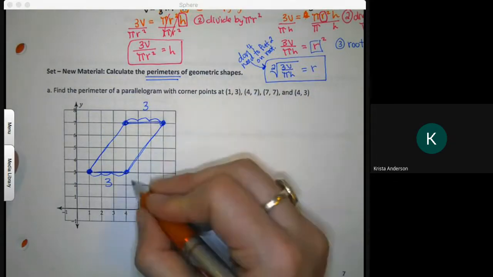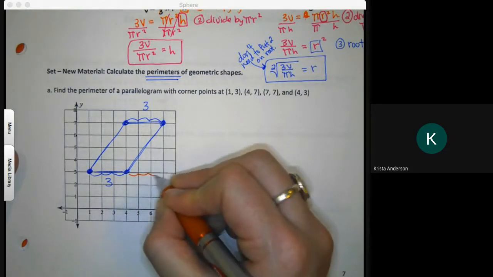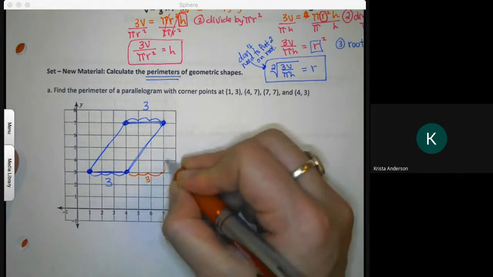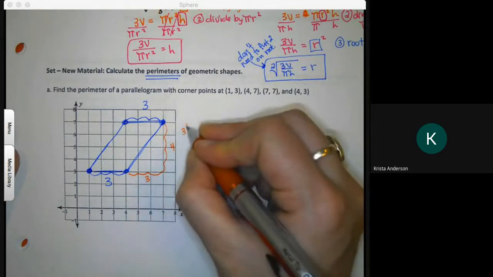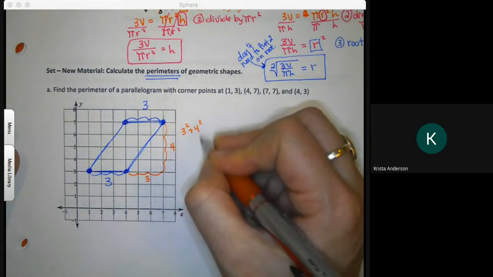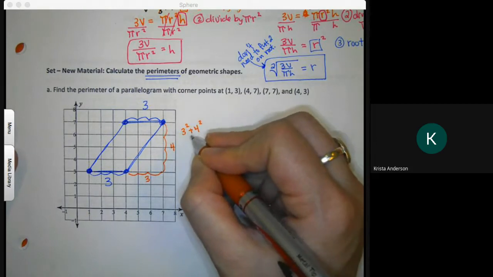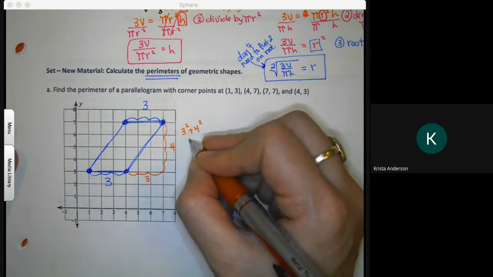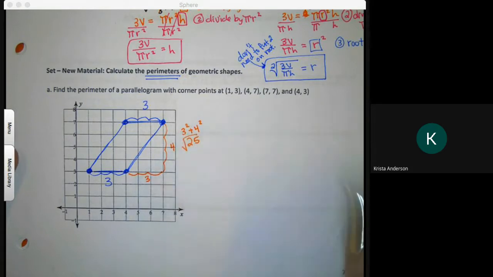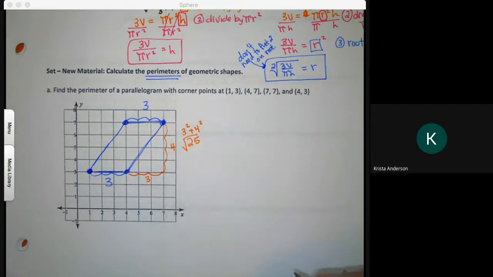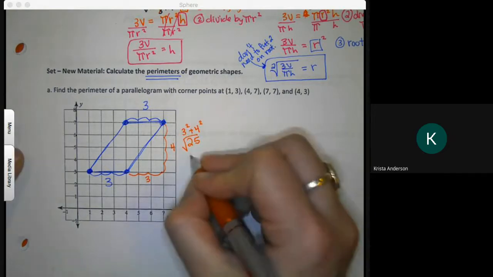I need to count the slope, which would be 3, 4. 3 squared plus 4 squared would be 9 plus 16. 9 plus 16 is 25. 25 square rooted. That simplified. What will it simplify to? 5. Good job. 5 is right.